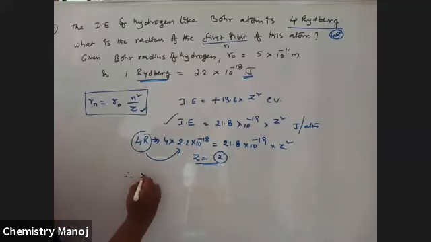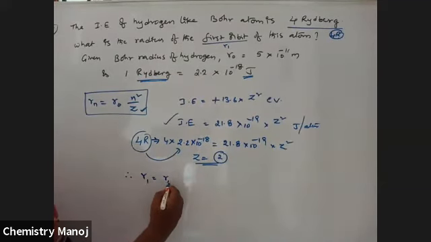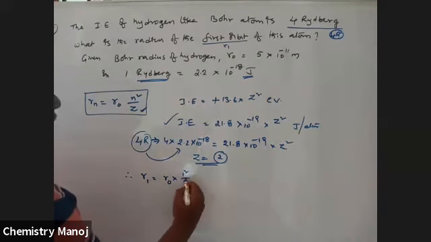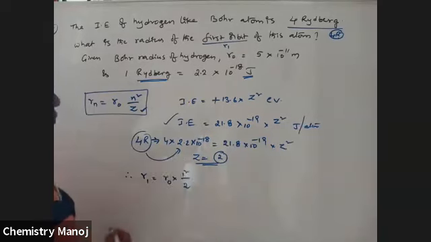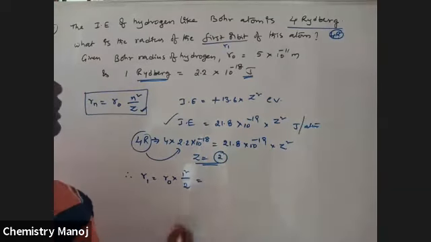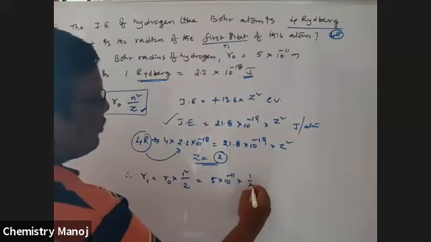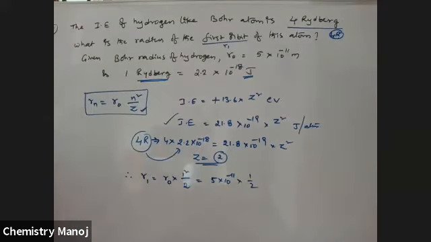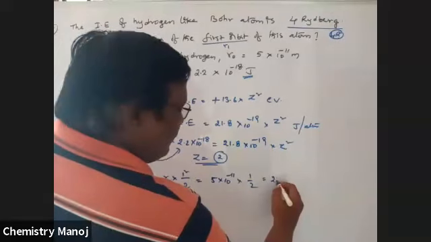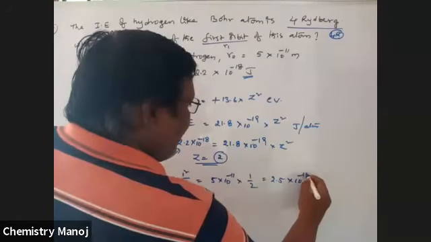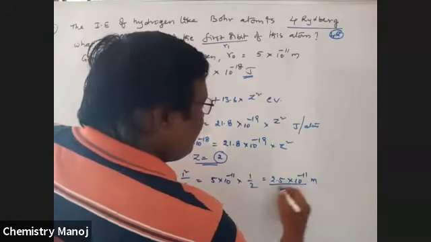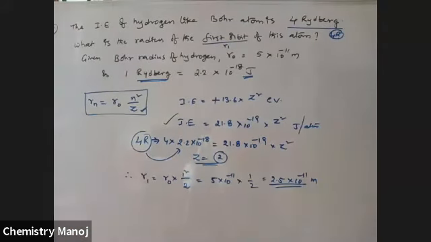Therefore, the radius of the first orbit is equal to R naught into n square by z, that is R naught value 5 into 10 power minus 11 into 1 by 2, which is equal to 2.5 into 10 power minus 11 meters. So this is the way to calculate it.